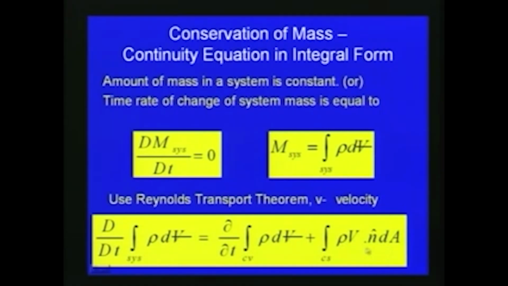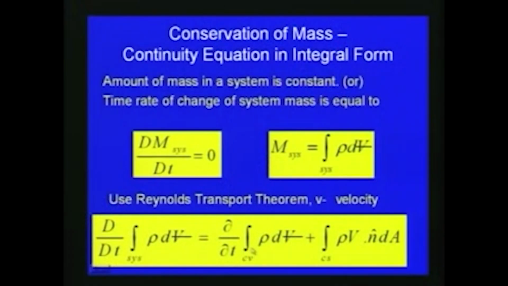Here this V in the surface integral indicates the velocity and the V in dV indicates the volume. So to derive the basic equation of the continuity based upon the conservation of mass, we are using the Reynolds transport theorem.